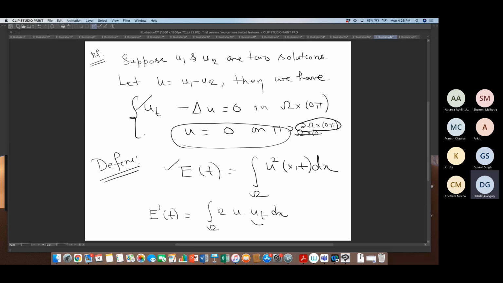What is u squared (x,0)? 0. Why? Because u is equal to 0 in omega cross {0}, since the parabolic boundary also consists of the bottom. Bottom means this one. So this is 0. So E of 0 is 0.